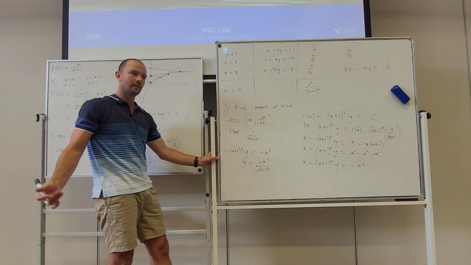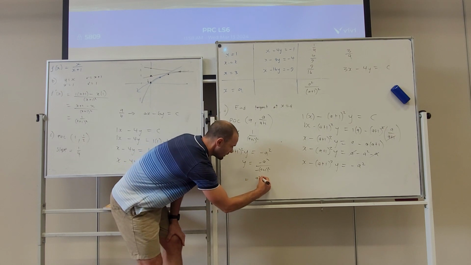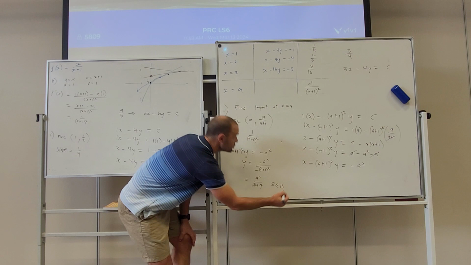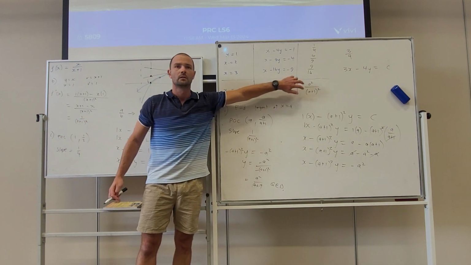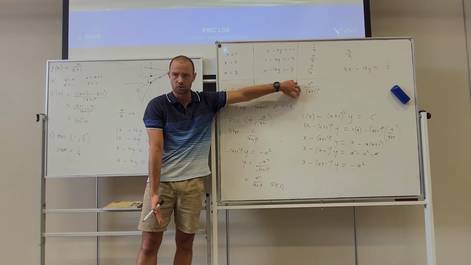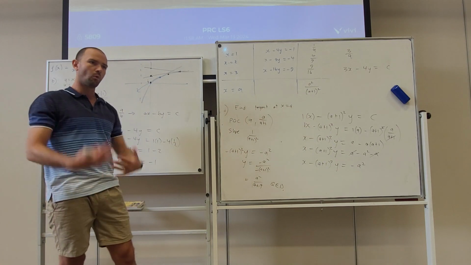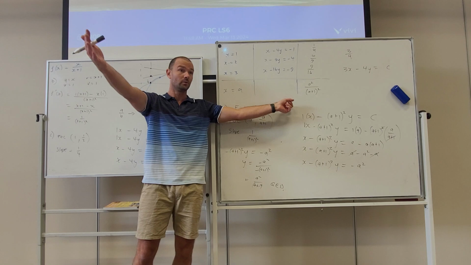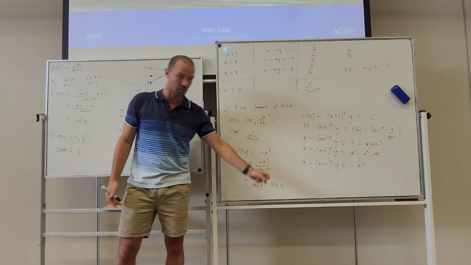Negative at the top, negative at the bottom cancels. QED. That was our conjecture. We have demonstrated it is true. Alright, that the y-intercept for the tangent at x is a for any value has this equation.